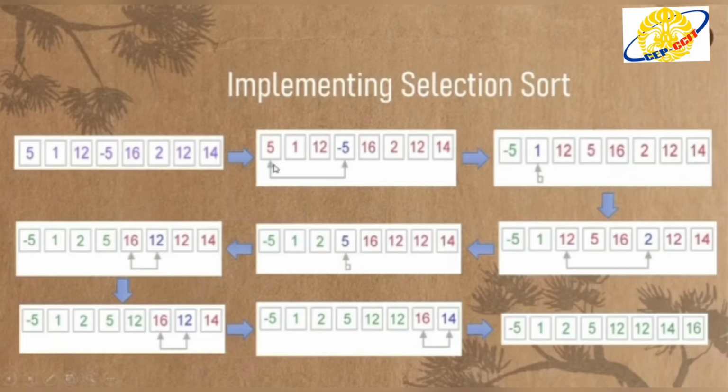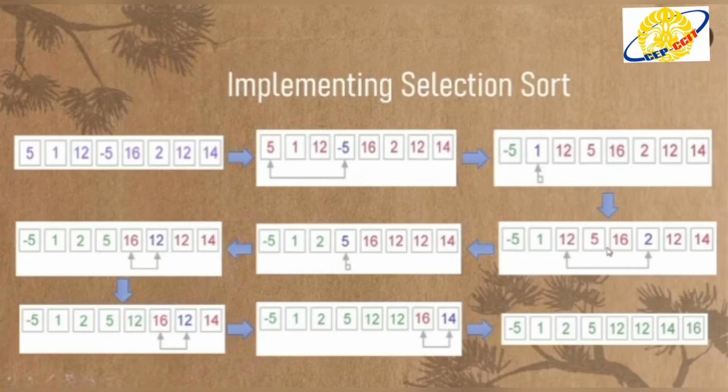In this case, the smallest number is minus 5. Then exchange it with the first number, the number 5. After exchanging the numbers, we'll display it like this. And then go to the second box, because in the second box is the smallest number of the other numbers.